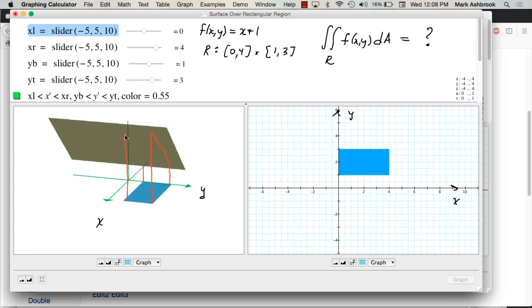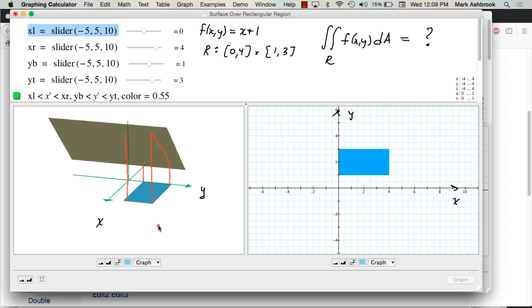What we want to say is signed volume, meaning if that surface, over our region, the blue region, ever cuts below the xy plane and carves out some space below the xy plane, that volume will get subtracted. It'll have a negative contribution to the value of the double integral. So that gets subtracted from whatever regions the surface is above the xy plane over our region.